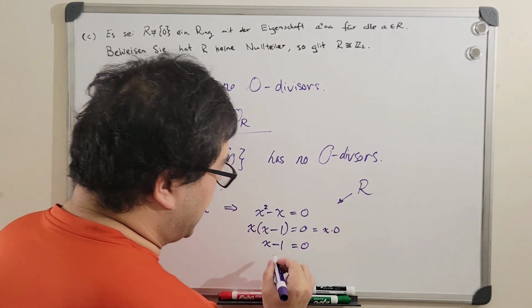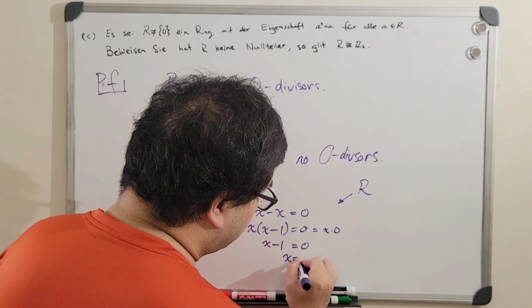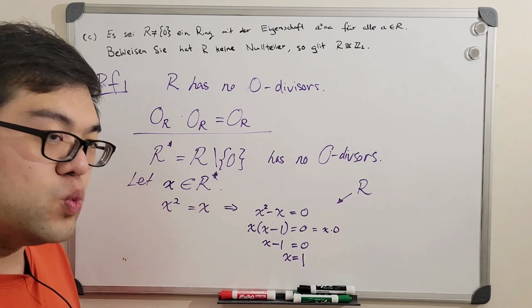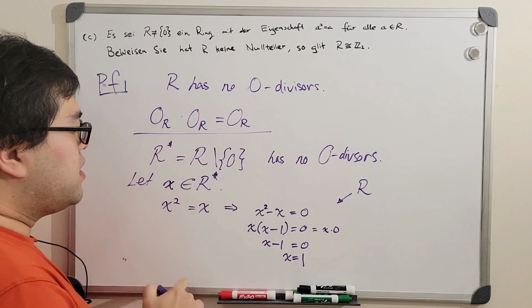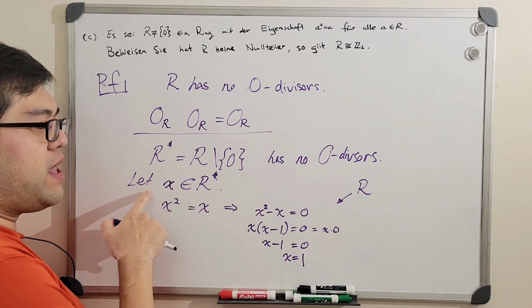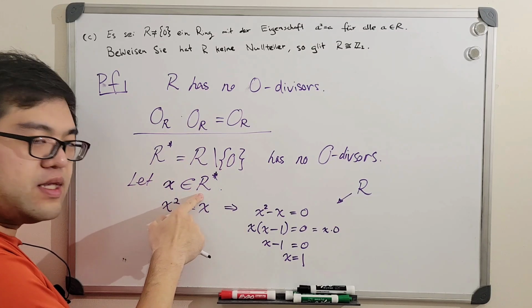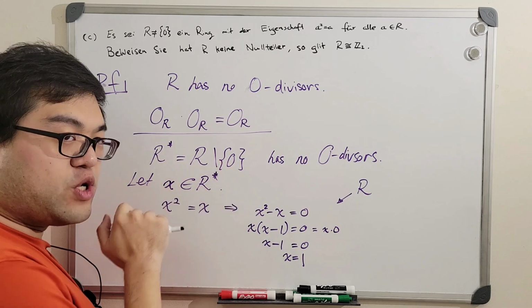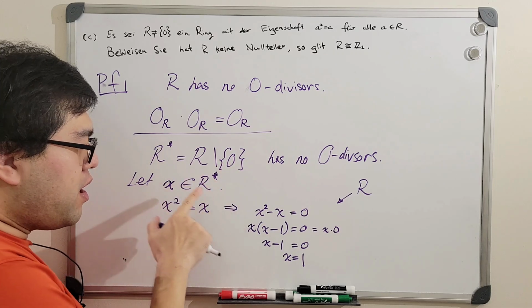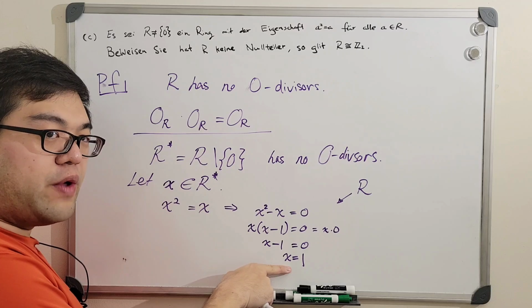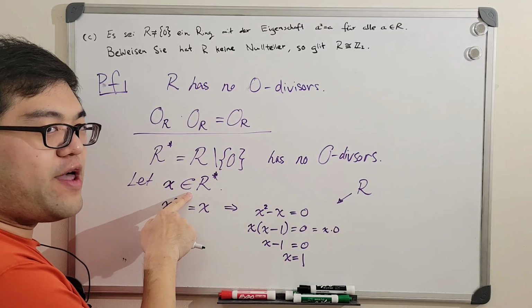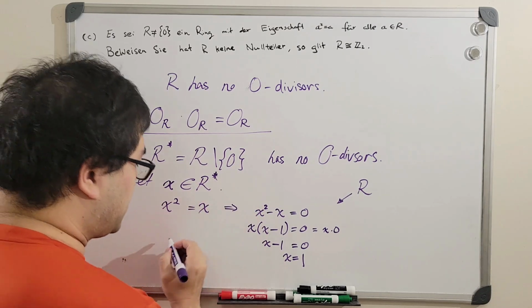Therefore, as we add 1 on both sides, we conclude that x can only be equal to 1. That means no matter what random element we pick from this subset that does not include 0, that element must be equal to 1. Therefore, there is only one element in this subset.